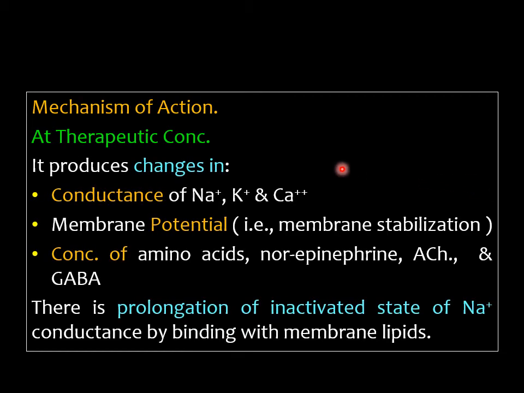Although we know the mechanism of action, as previously discussed, in therapeutic concentration phenytoin produces changes in the conductance of these ions, changes in the membrane potential, or even changes in the concentration of amino acids, norepinephrine, acetylcholine, GABA-like chemicals and neurotransmitters. Usually there is a prolongation of the inactive state of sodium conductance when the drug molecule phenytoin binds with the membrane lipids.